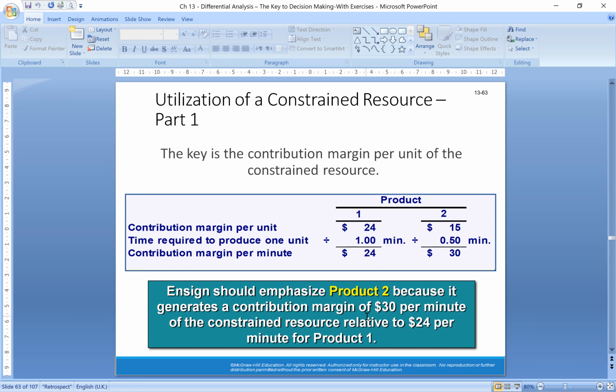That's why the company maximizes its contribution margin by producing product 2, not product 1. Ensign should emphasize product 2 because it generates a contribution margin of 30 per minute of the constrained resource, relative to 24 for product 1.